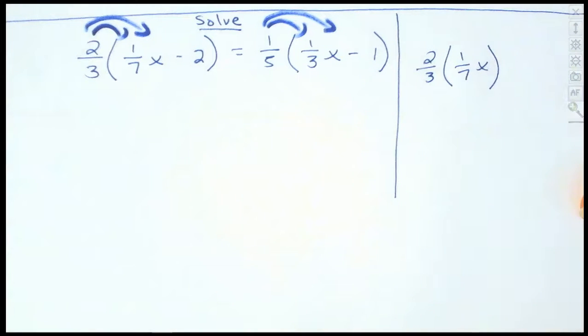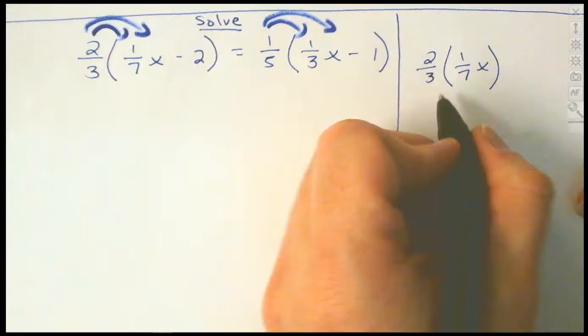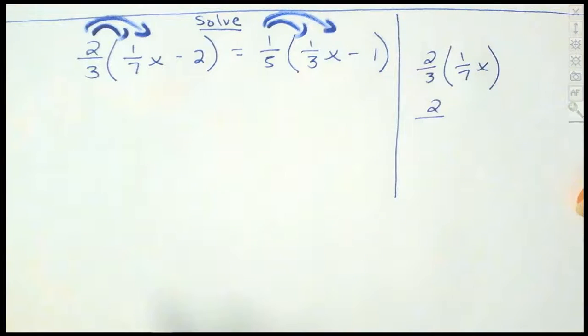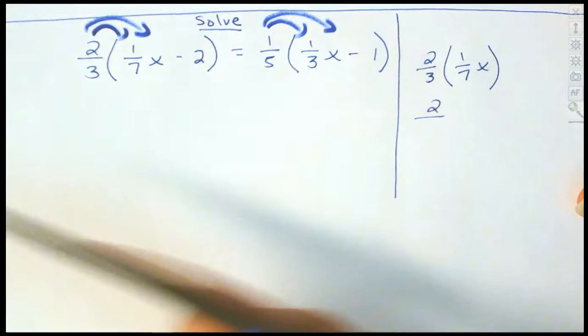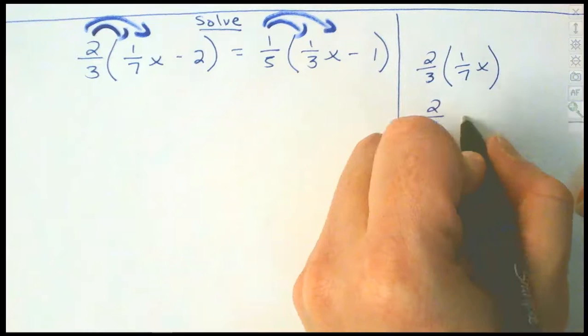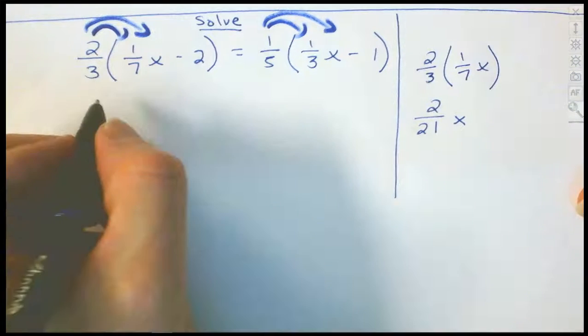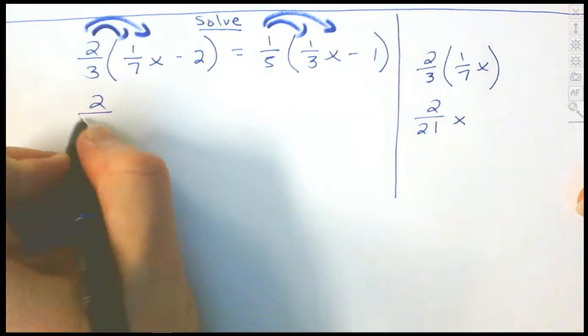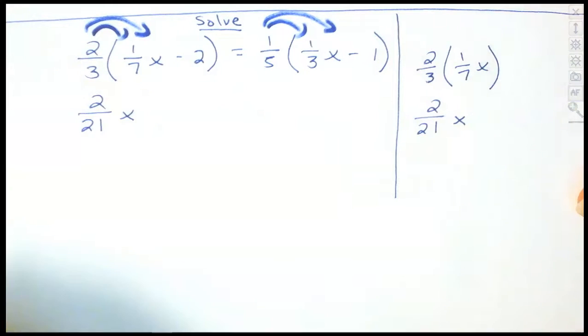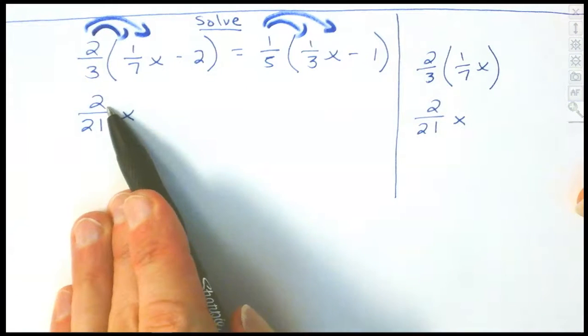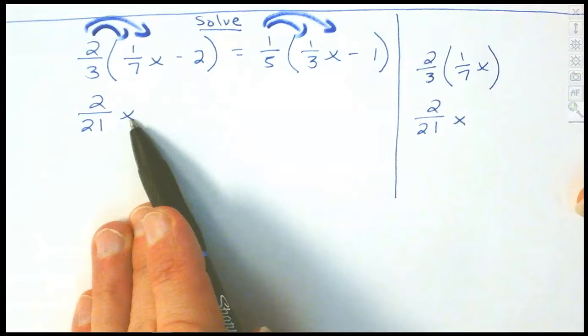So all we can do is multiply across. So 2 times 1 is 2. Down below we have 3 times 7, and that is then your 21 down below. So what do we have so far? We've got 2/21 x. And you can put the x on the top here, or you can put the x behind it here. Doesn't matter.